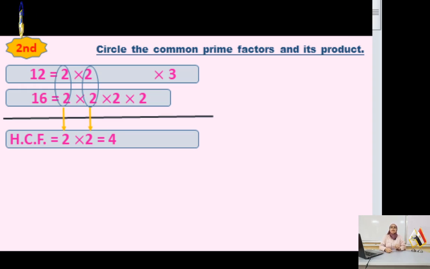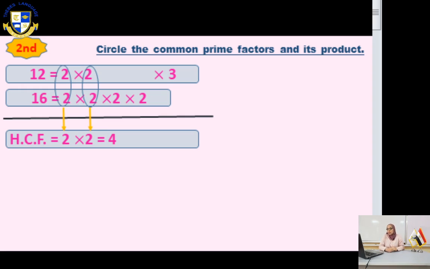Now, get the common factors between 12 and 16, which are repeated in the prime factors of 12 and 16. We have 2, it is repeated in the 12 and 16. We write it just one time. We take from it just one 2. And the other 2 is repeated also, so we take from it just one 2. Now, 2 times 2 equals 4.